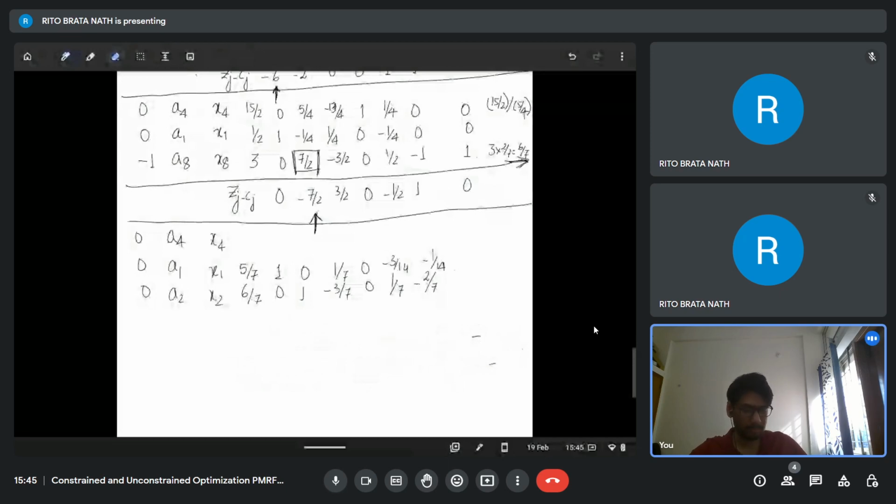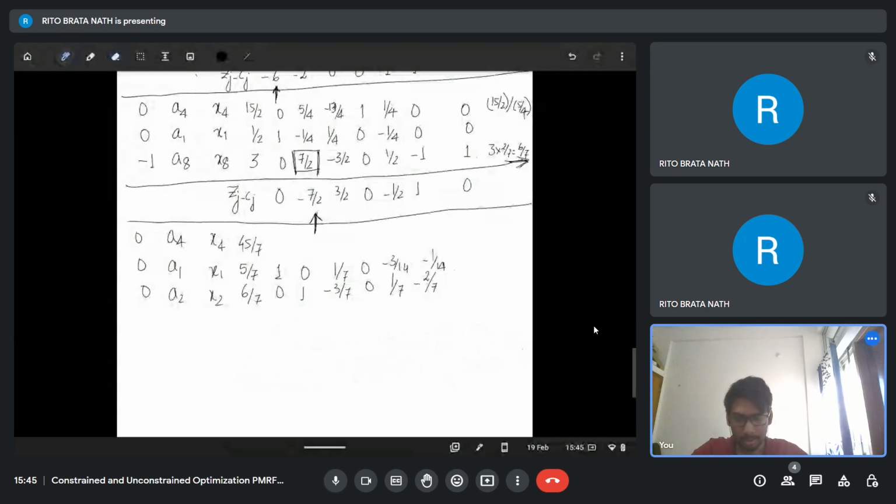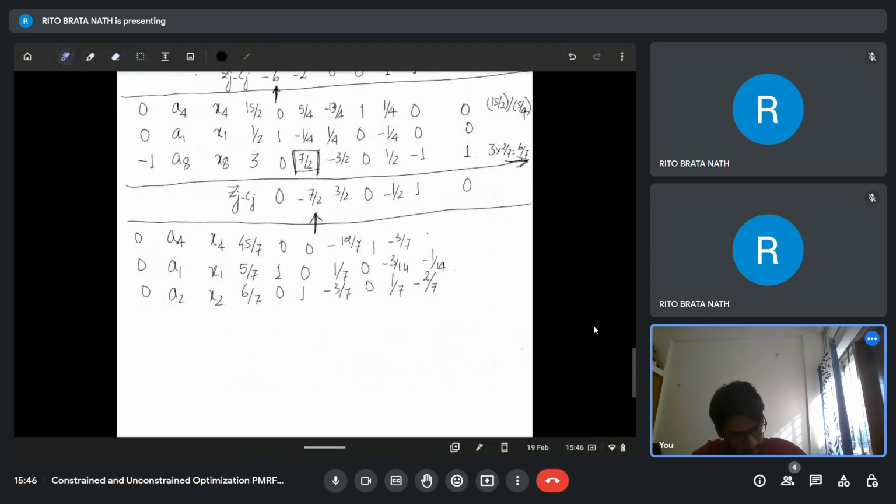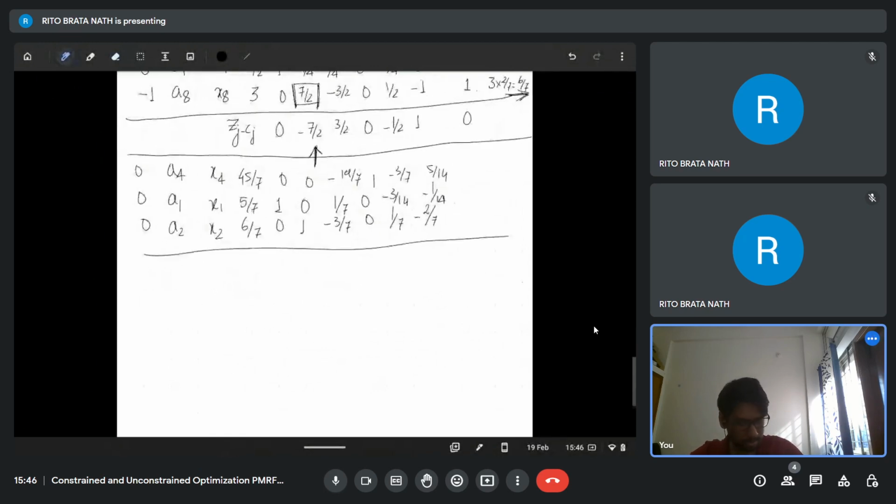Yeah, I think it's better to do it on Excel, but since we're doing it by writing, let's keep it this way. And the next one, I think, will be 0, 0, minus 19 by 7, 1, minus 3 by 7, 5 by 14. Now if you calculate, you will get something like all zeros, right?